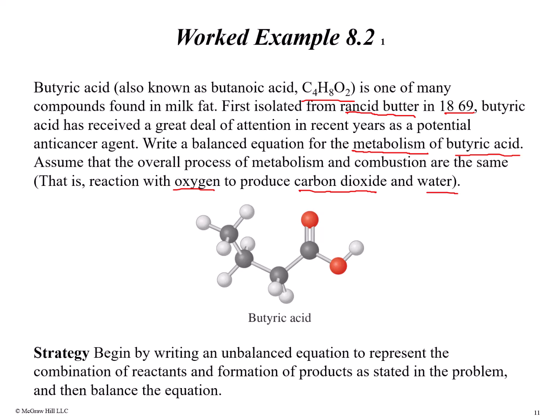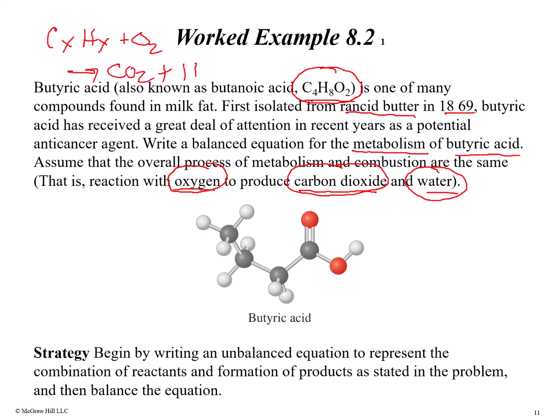You have the butyric acid, that's a reactant. You have oxygen, which is a reactant, which produces carbon dioxide, which is a product, and water, which is a product. I do want you to know anytime you combine something with carbon and hydrogen and it reacts with pure oxygen, your 2 products will always be CO2 and water.